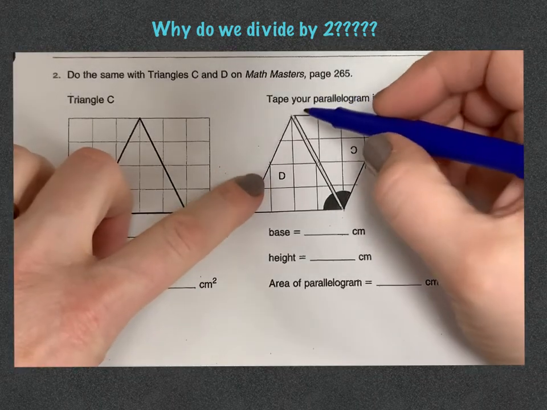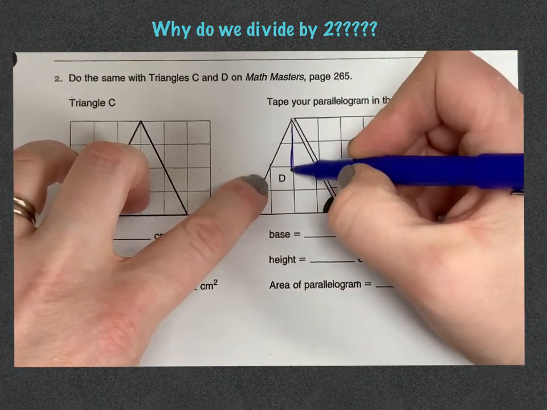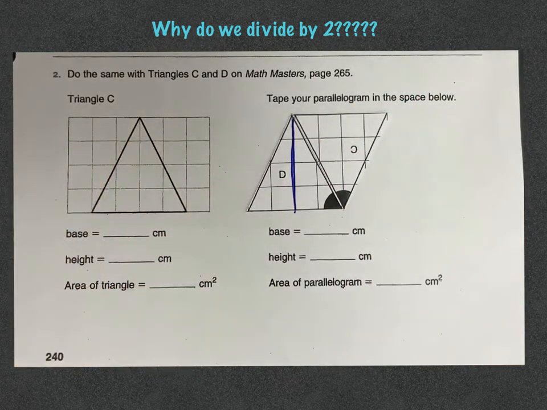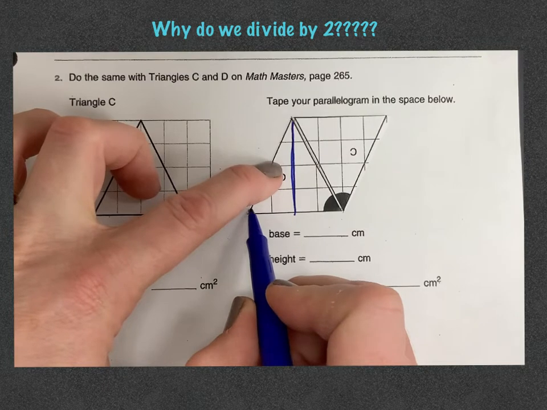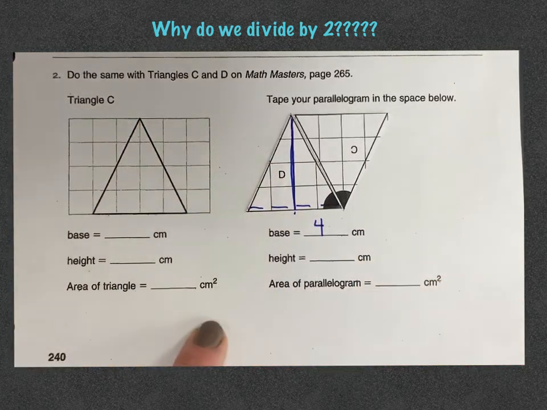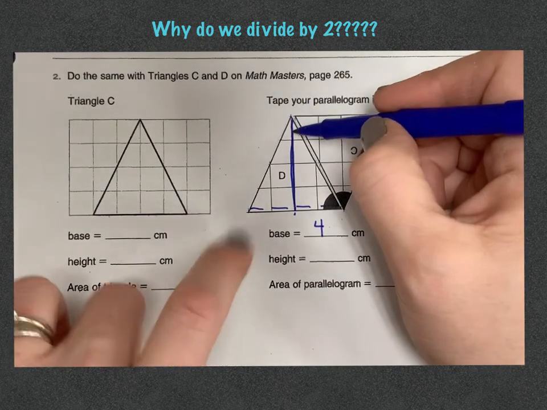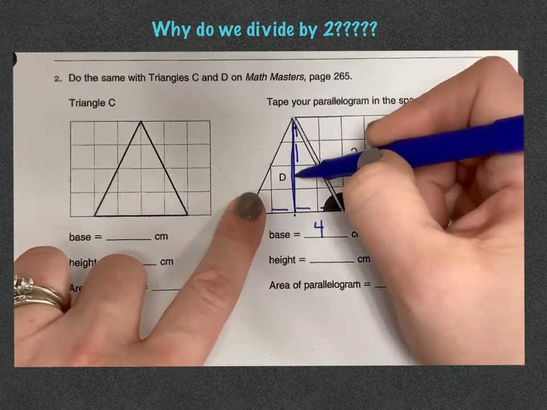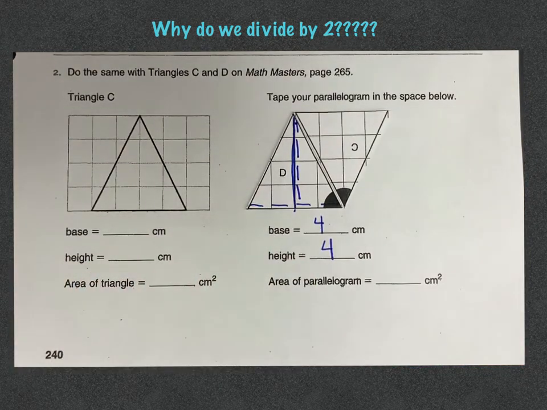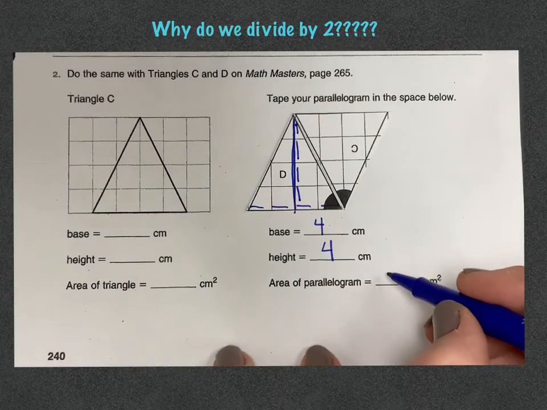Our height of our parallelogram will be right here, 90 degrees from the base. Our base is 1, 2, 3, 4 wide, and our height is 1, 2, 3, 4 tall, or 4 high. So our formula for that is area equals base times height. 4 times 4 is 16.